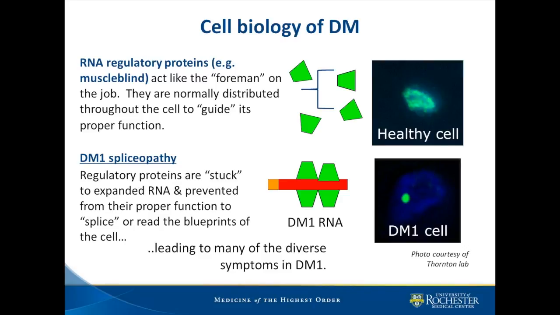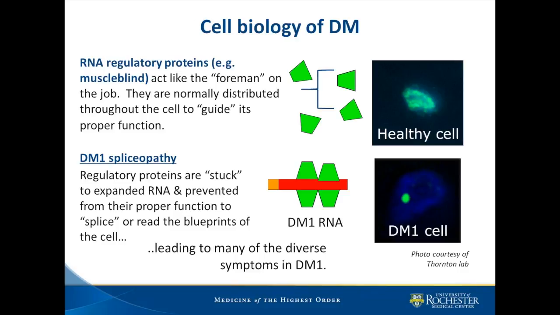It has to do with the cell biology of myotonic dystrophy, and part of that is the idea of RNA toxicity. The mutations in both myotonic dystrophy type 1 and type 2 cause a collection of abnormally enlarged RNA.